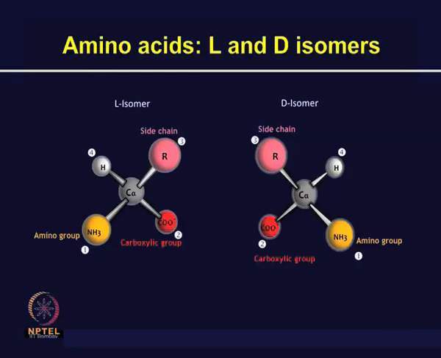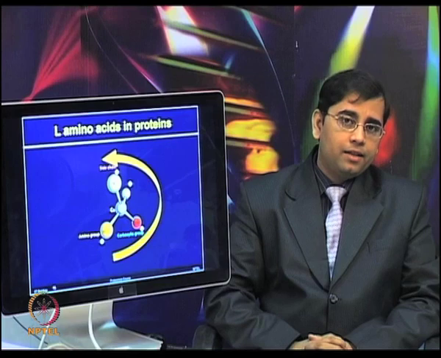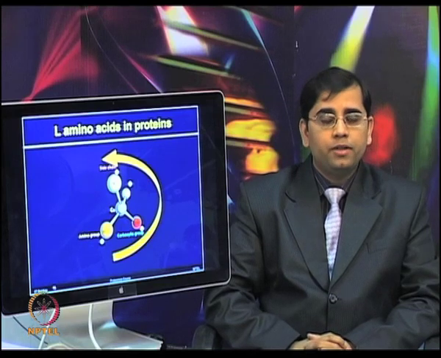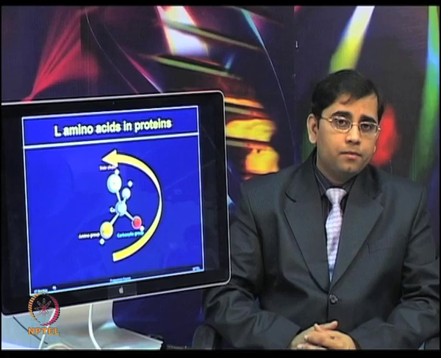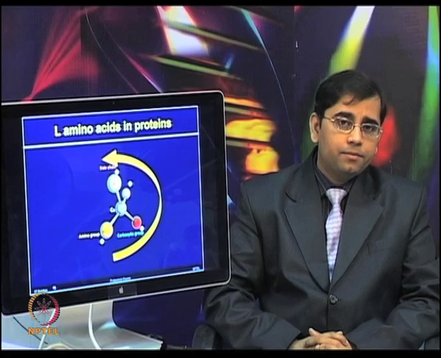It can form 2 mirror images which can exist as L or D isomers, which are shown in the slide here. The alpha amino acids are chiral. There could be R or S configurations in the amino acid depending upon the priority groups, but only L amino acids are present in proteins.